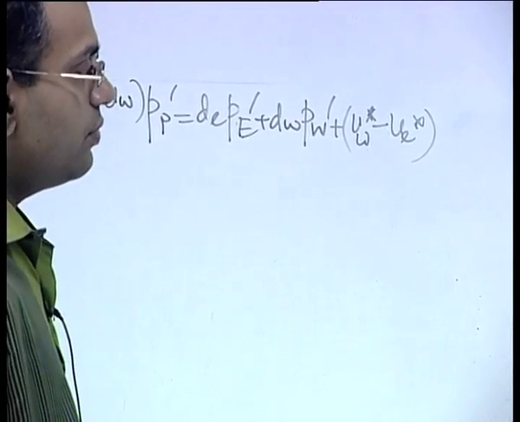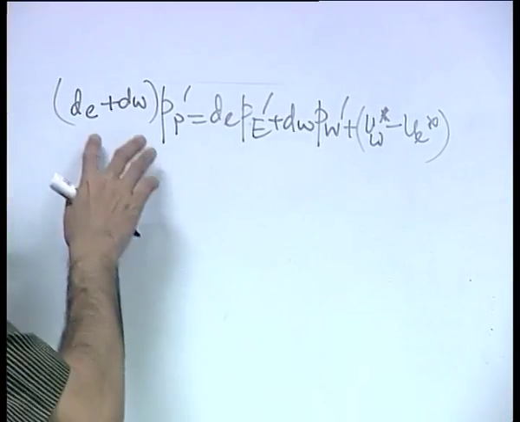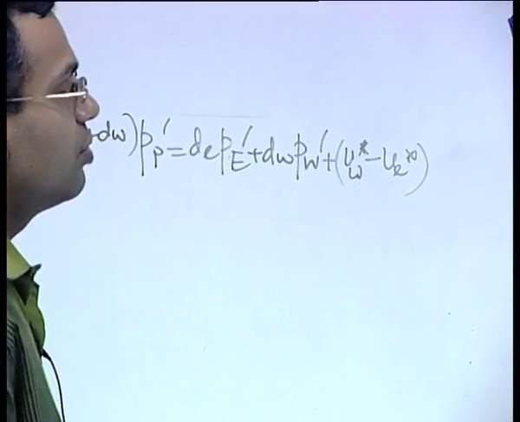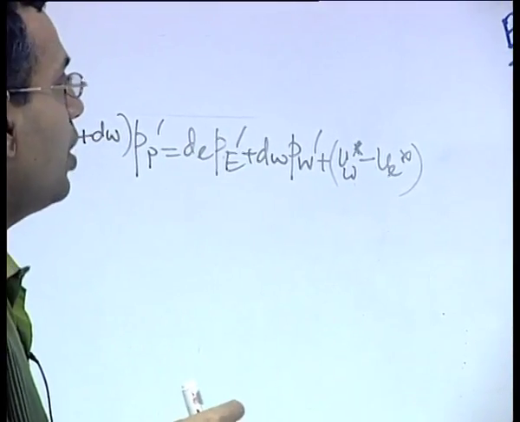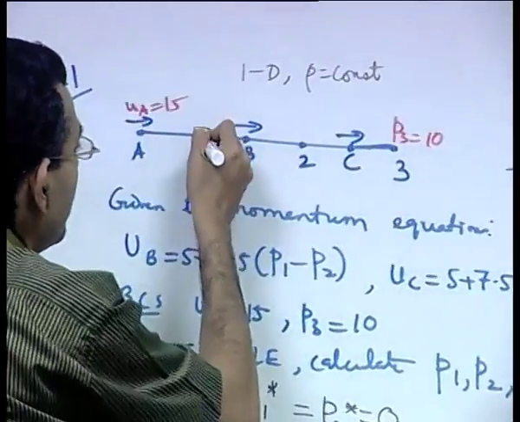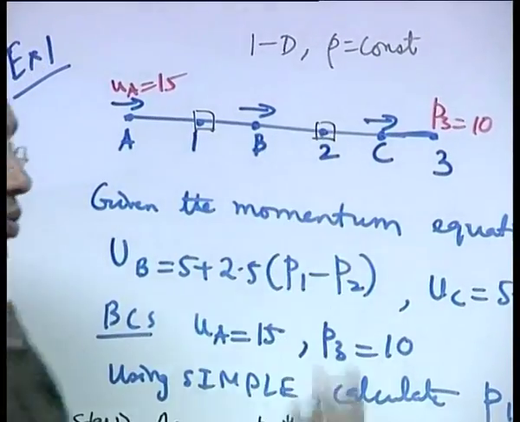So, in place of dE and dw, what are the values you will be putting? It depends on what are the grid points for which you are solving. So, what are the points for which you will solve? One is for 1, another is for 2.